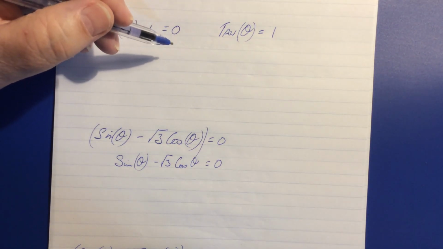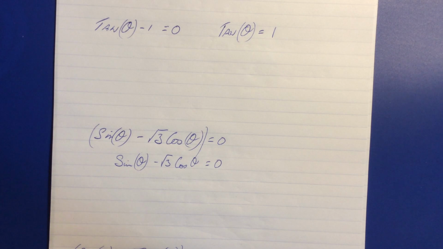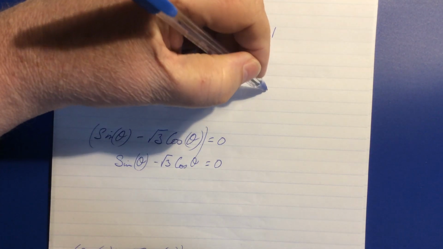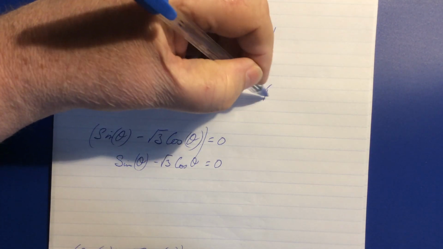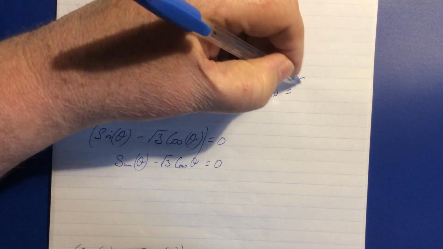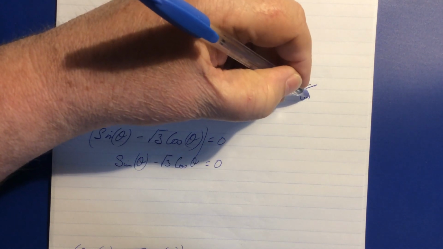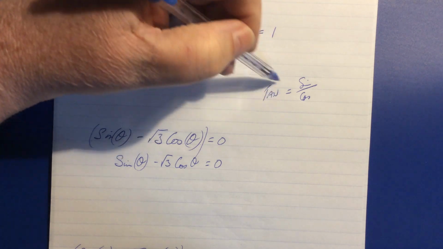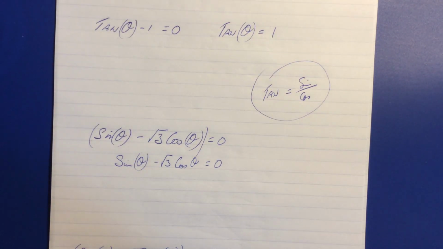Okay, well, what we do know, and this is the key to it, is that the tangent is equal to the sine over the cosine. It's a fairly well-known trig identity.